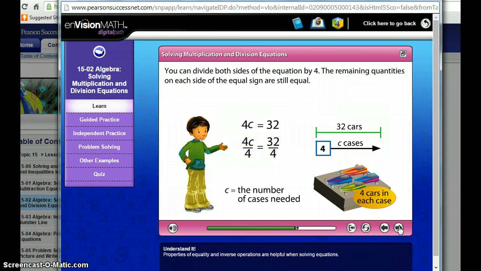Okay, when you take, on the left-hand side, 4 divided by 4, 4 divided by 4 is 1. Okay, we don't write 1C, we just put C. It's understood that there is just one of them, okay? So this would cancel out and we would just have C equals 8.